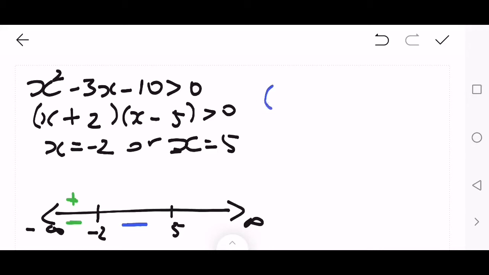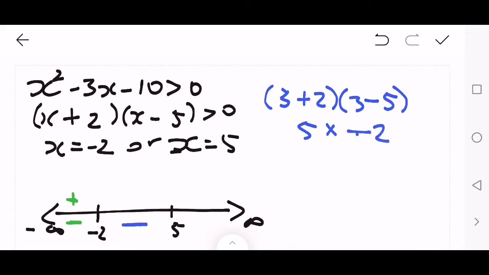So substituting a 3 plus 2 into 3 minus 5. So 3 plus 2 is 5, multiplied by 3 minus 5, that's minus 2. So our final answer would be negative 10. So we have a negative over here.